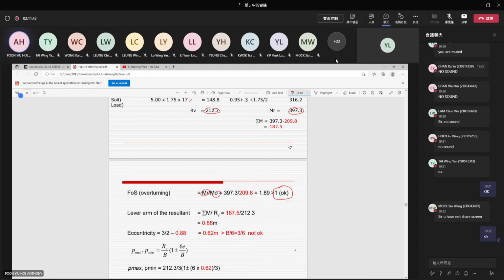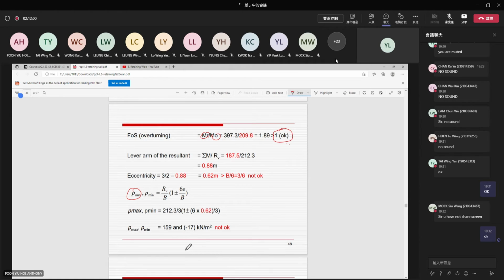In this case, the eccentricity is greater than B over 6, so this is not good. And also apply this to check the maximum pressure. In this case, a negative is also fine.